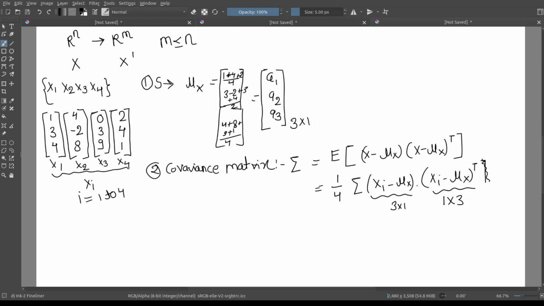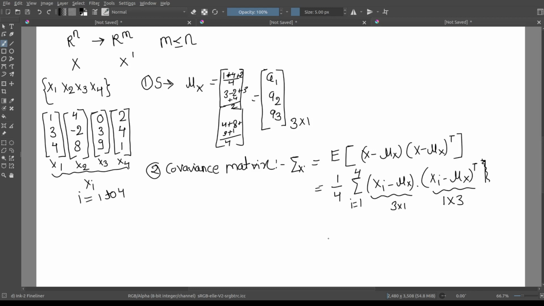Now you take the product. Remember carefully, this is the summation sign, i equals 1 to 4. This is sigma x basically.